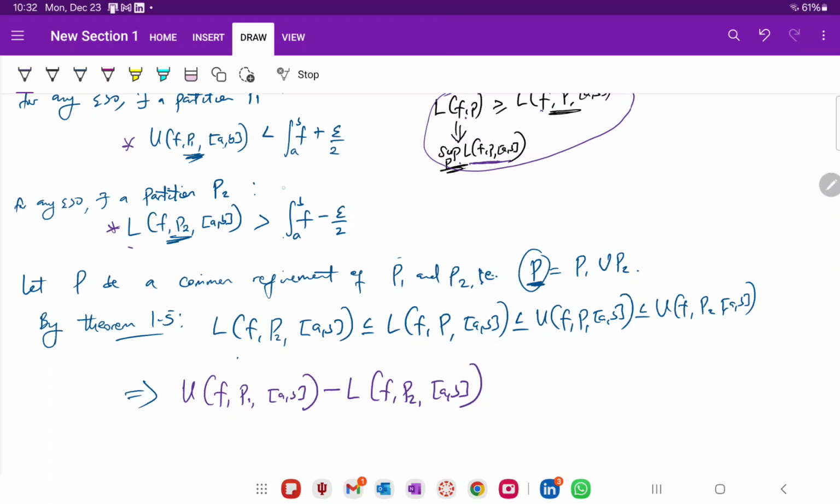You have to be very careful of your inequality here. So this should be strictly less than. If we translate this here, we have the integral from a to b of f plus epsilon over 2 minus the integral from a to b of f plus epsilon over 2 over this. So what we did here is just translate this one, you can flip this one.